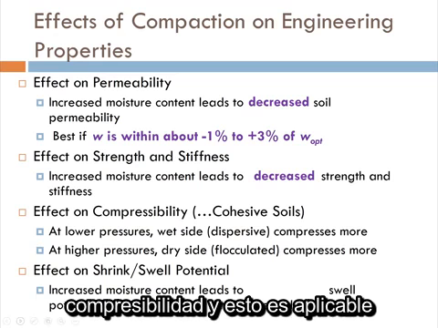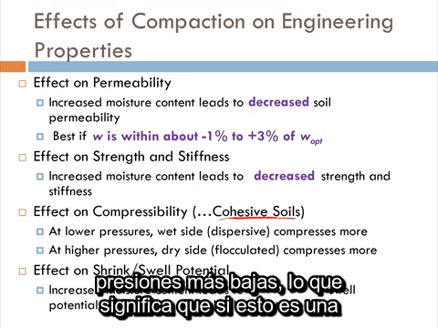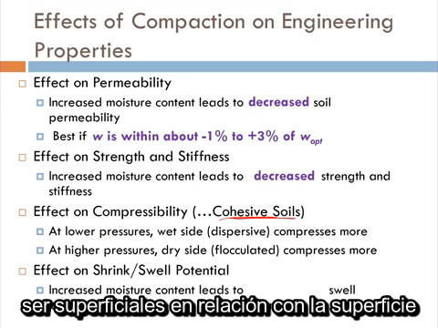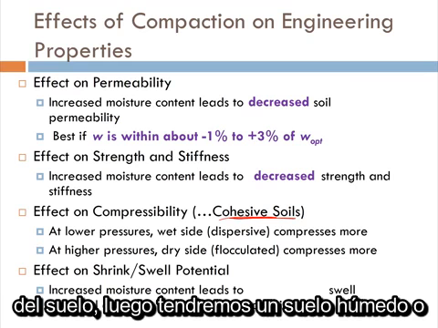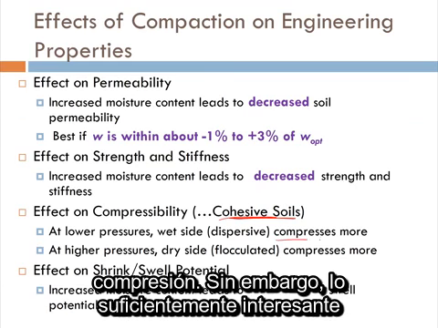In terms of compressibility, and this is applicable specifically to cohesive soils, at lower pressures, meaning compaction in soils that are shallow relative to the ground surface, being wet of optimum is going to give us more compression.